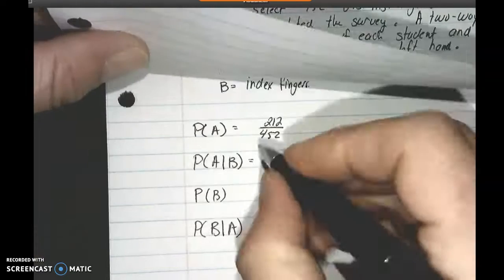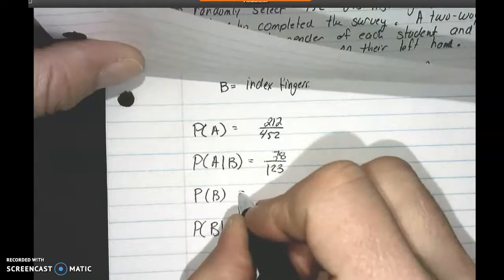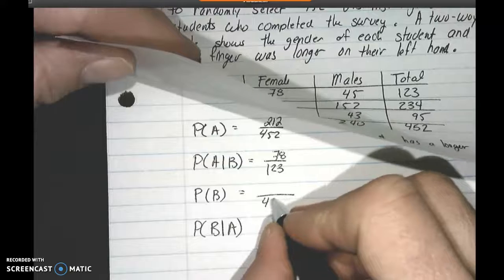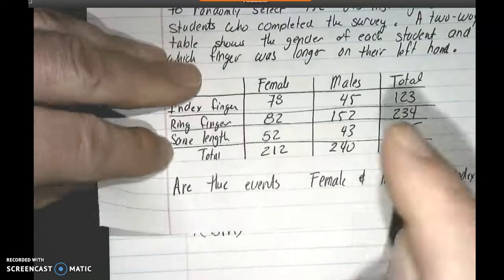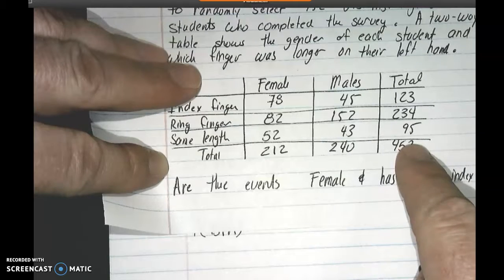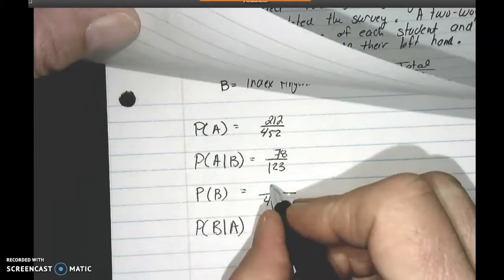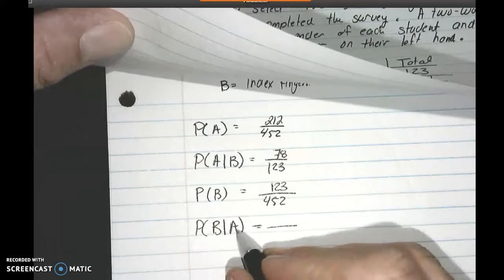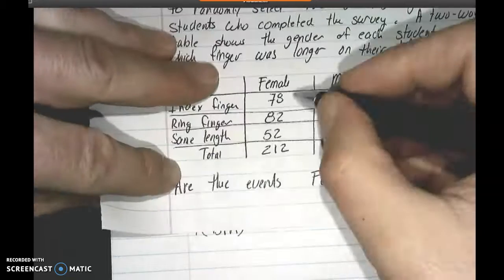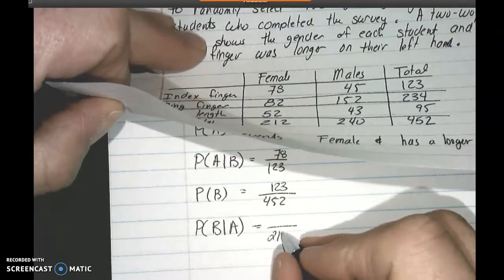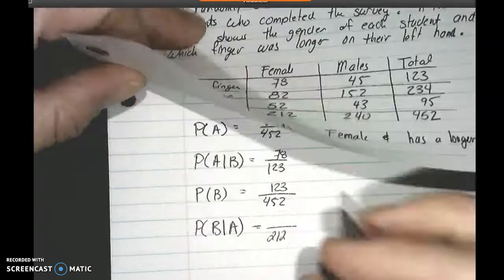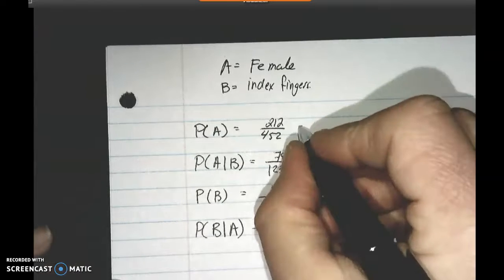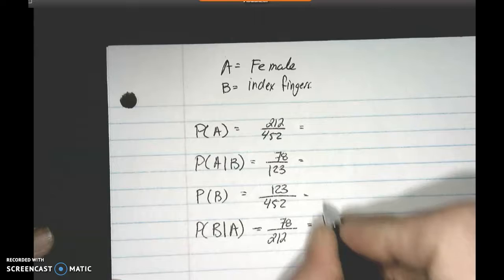So I'm going to go to 78, and do the same thing for B. All right, so I have 452, and index is 123. And then for the probability of A, females, I go down to 212, and I go back up to the index finger.